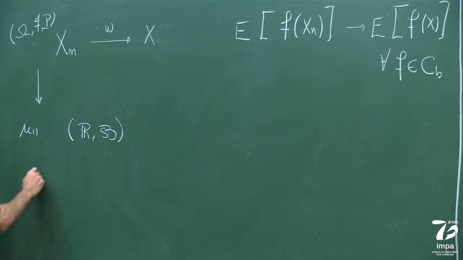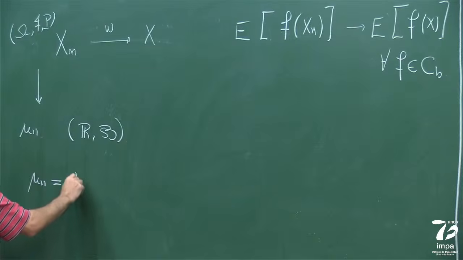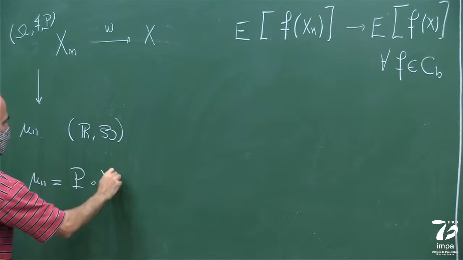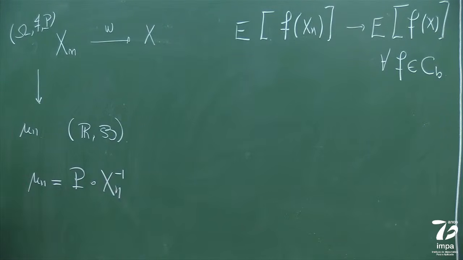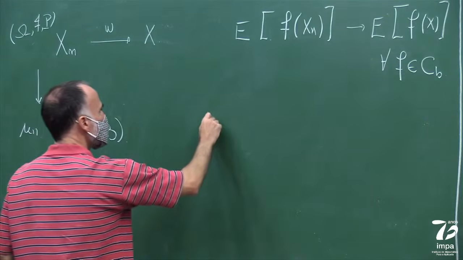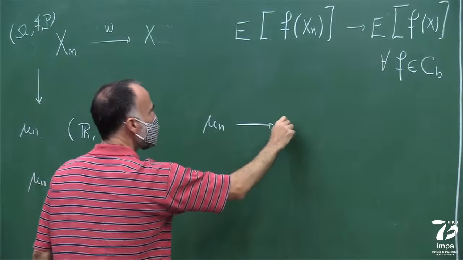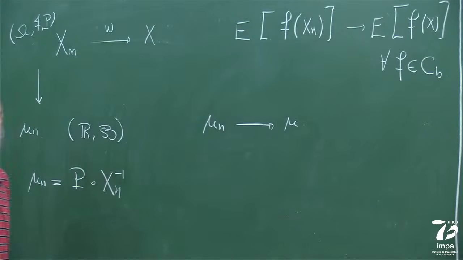So you define mu n as this probability P composed with xn minus 1. And you reduce the study of this weak convergence to the study of the weak convergence of mu n to mu.